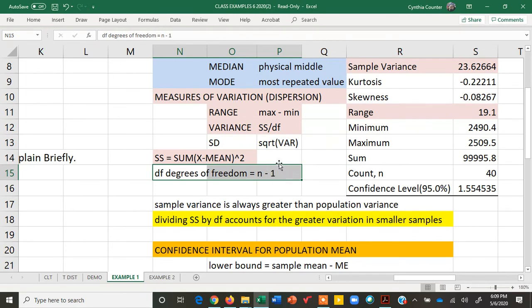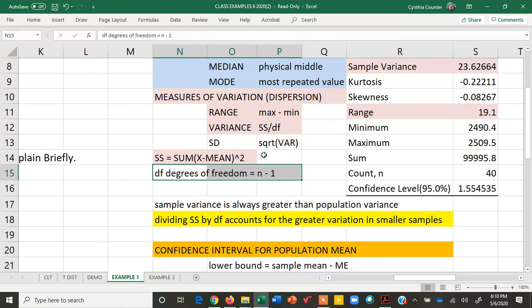Notice subtracting 1 from a sample of size 20 and dividing by 19 will make a much greater difference than subtracting 1 from 60 and dividing by 59 instead of 60. So the smaller the sample size, the smaller the degrees of freedom, and therefore the larger the fraction when you divide by the degrees of freedom, resulting in a greater variance.